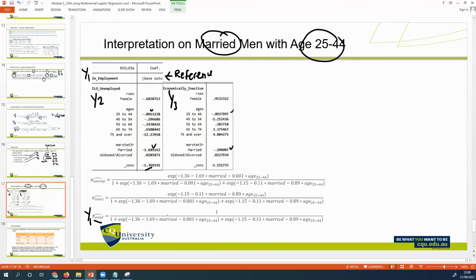So if you are married, it is 1, and your age is 25 to 44, it is 1.